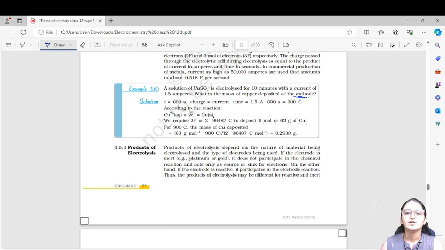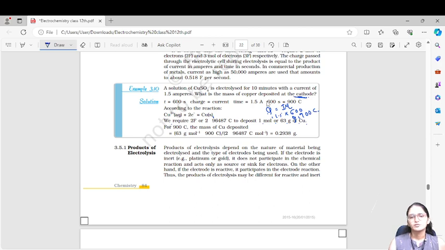So for 900 coulombs, now they have given 1.5 amperes. What is the equation we have? Q is equal to I into T. T is given as 10 minutes, which is 600 seconds. Current is 1.5, so 1.5 into 600 gives Q equal to 900 coulombs. We substitute this here.